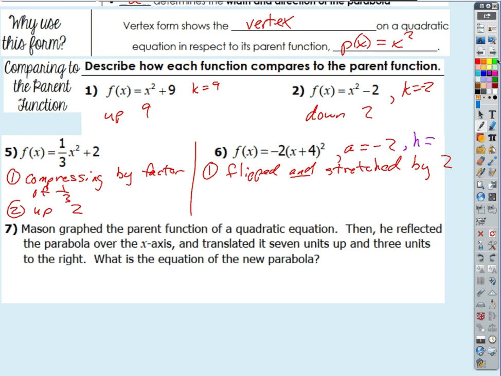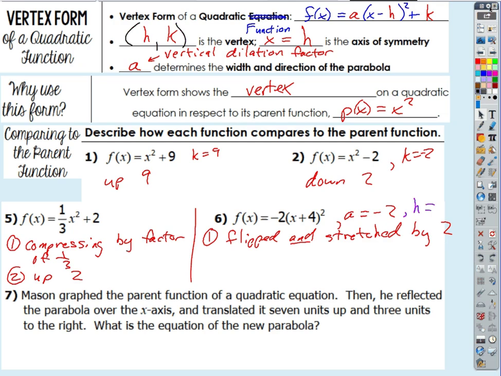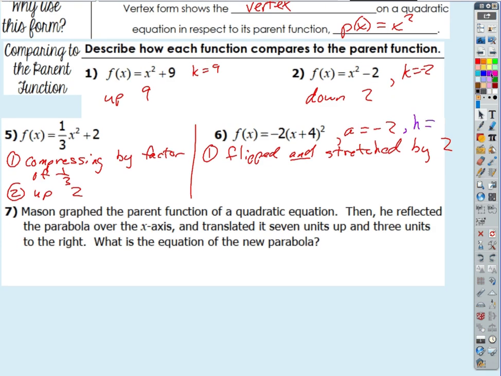How come? Because H is the number that's being subtracted from X, right? So H is always the opposite of how it's connected to X. So in this case, because it's being added, it's the opposite, and H is -4.